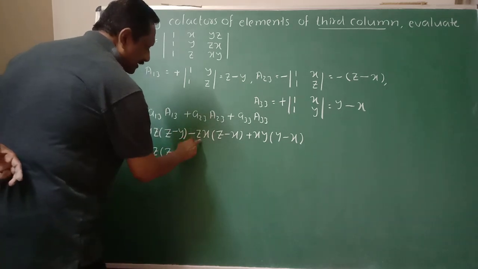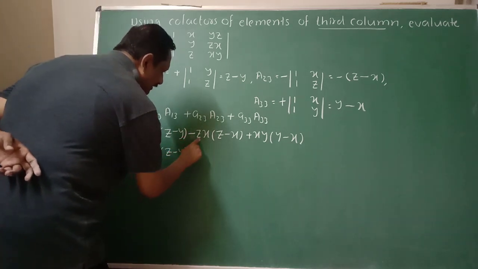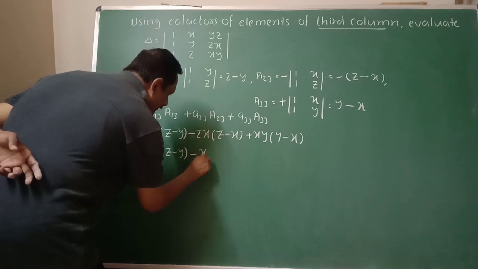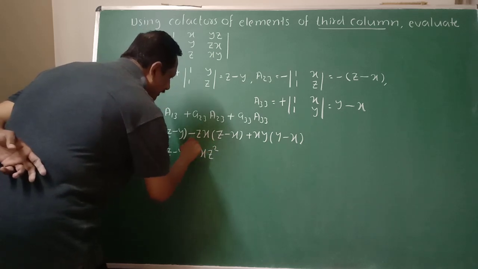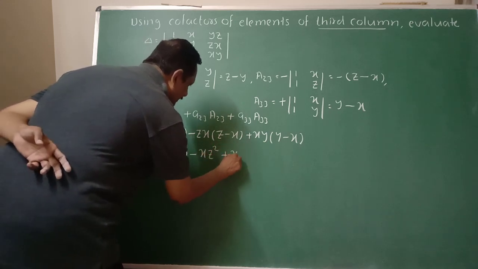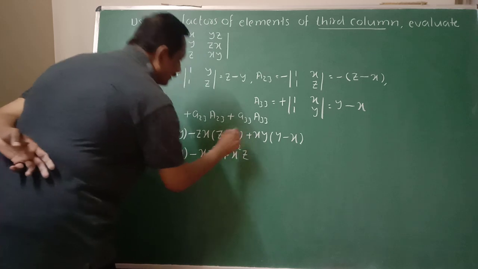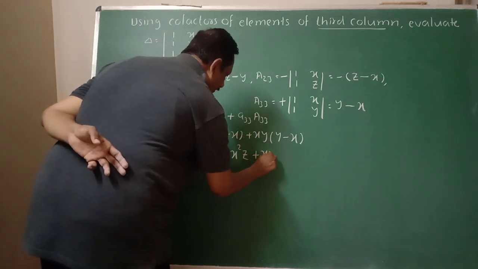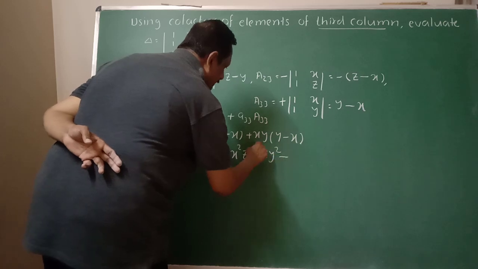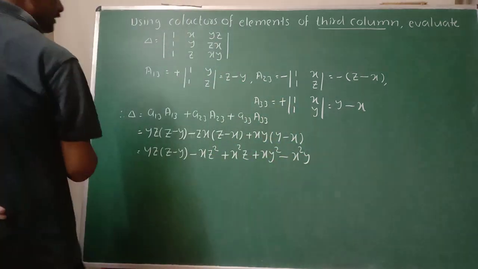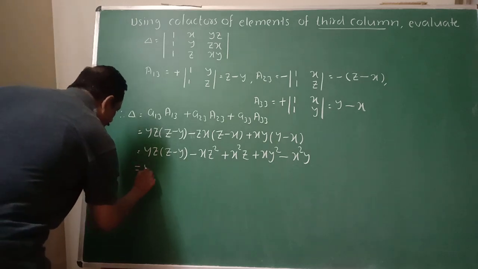Take minus zx inside: minus of z into z becomes z square, xz square, minus into minus plus zx into x becomes x square z. Then xy into y is xy square, minus xy into x is x square y.